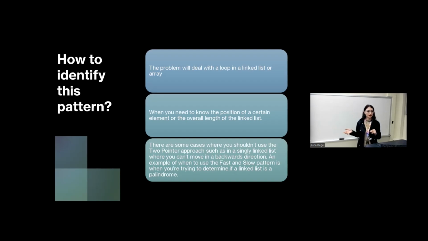Another way to use this is if you're trying to find if the linked list is a palindrome. What palindrome means is that when given something like a string, array, or linked list, when you reverse it, it's going to stay the same. For example, mom, M-O-M, when you reverse it, it's still going to be mom. It's a palindrome.